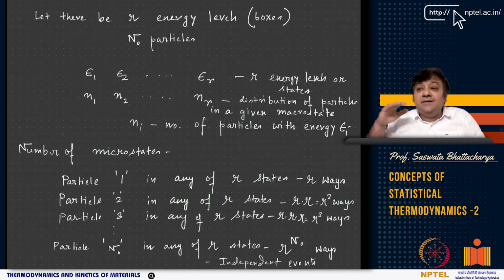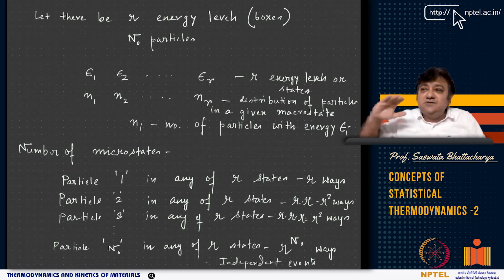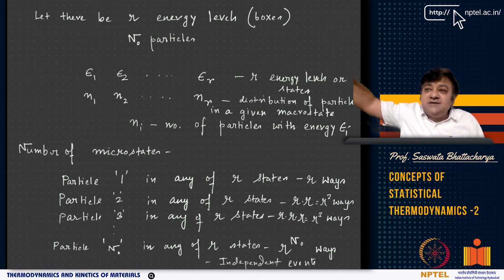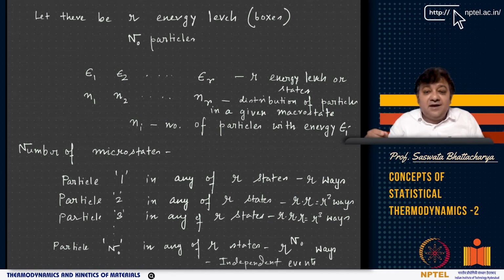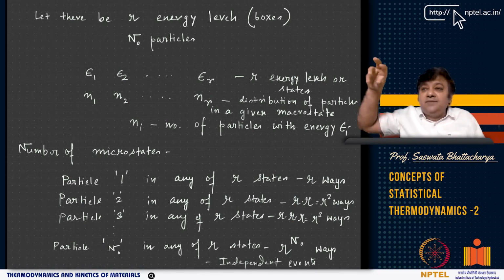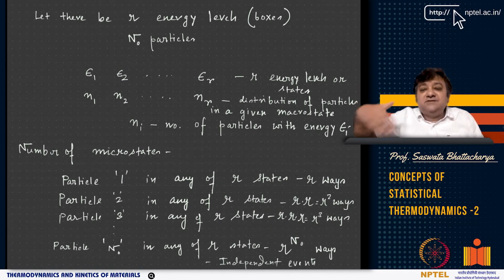If you think of a gas, for example, you have a lot of particles, these n0 particles let us consider, and there are also several energy levels, right? Because if you think of quantum mechanics, quantum states, you say that there are several energy levels. The energy levels are not continuous, but discrete, and some of the particles out of these n0 particles will occupy one energy level, some others will occupy another energy level, and so on, right?